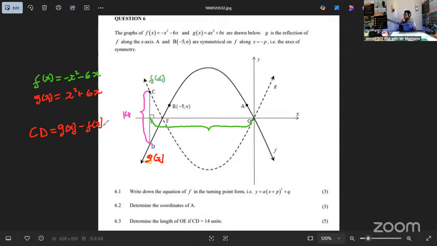Does everyone understand that part? At least. Yes, sir. You do, right? Just by doing that, you have solved your problem.